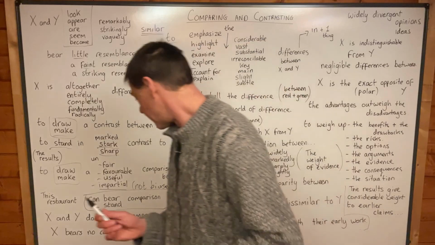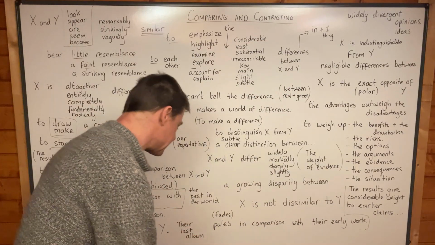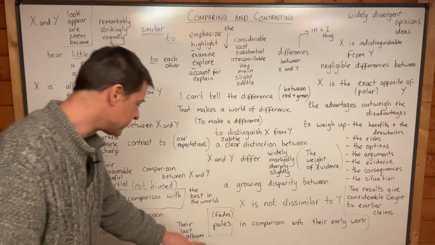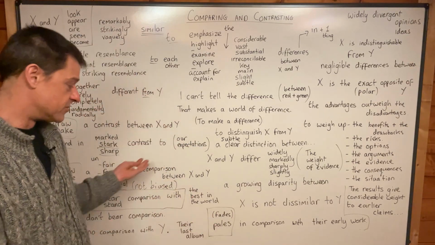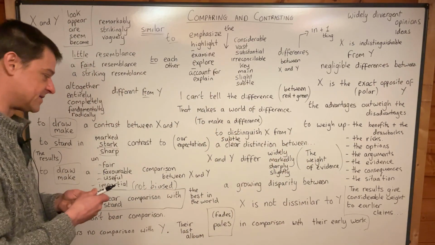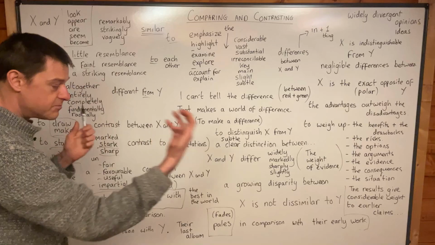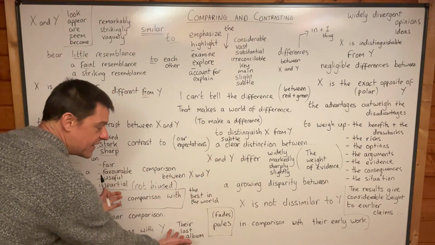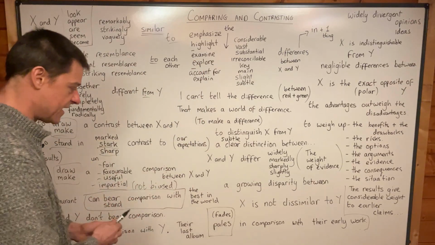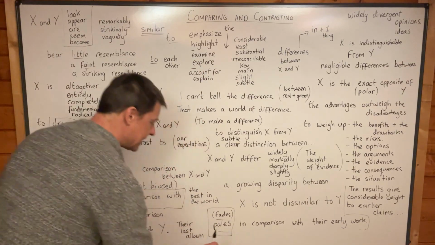And another one I can use is to pale in comparison with, or fade in comparison with. I could say Southend United football team pales in comparison with Manchester United football team. And I mean that when you compare the two, Southend is pale and Manchester is bright. Yeah, that's the idea with this fade and pale.